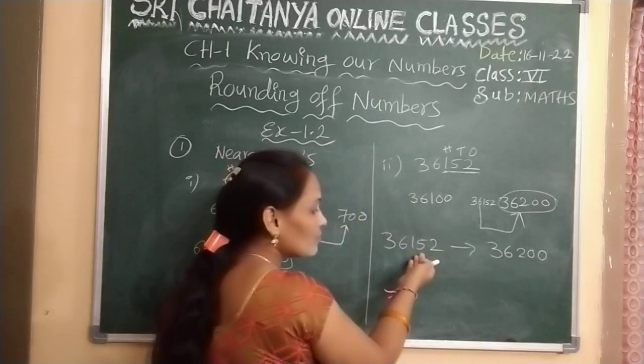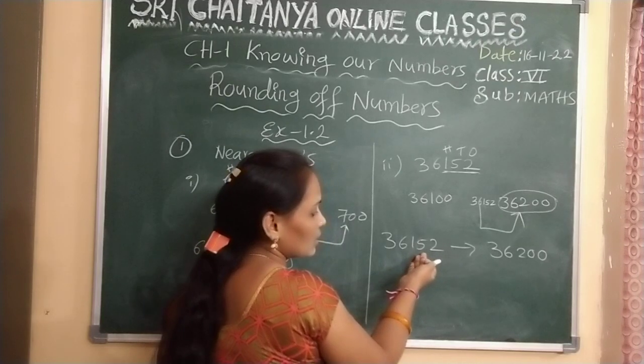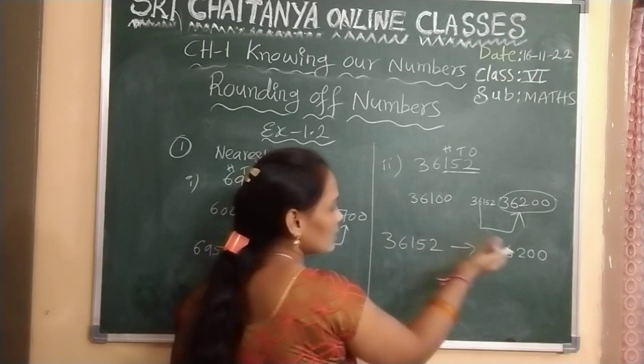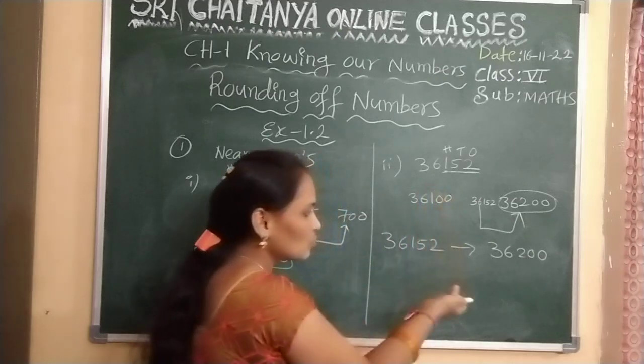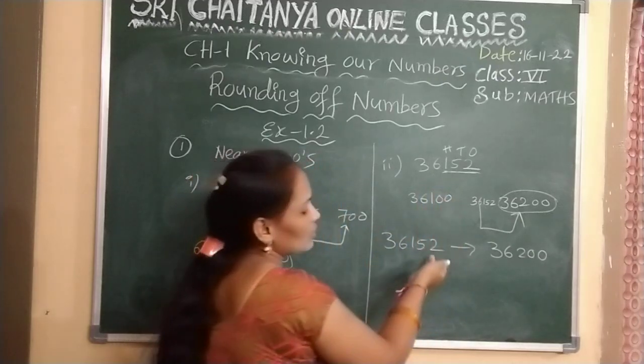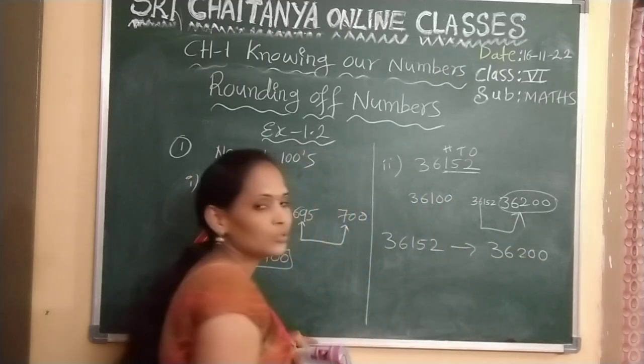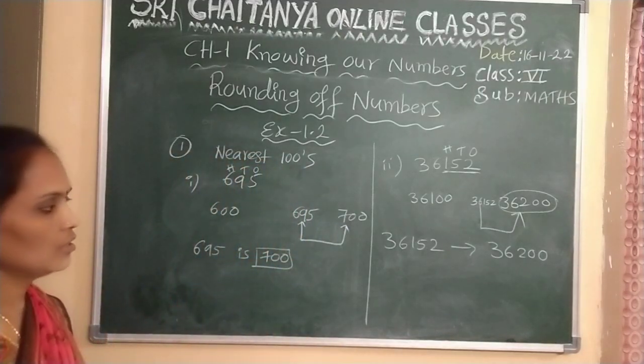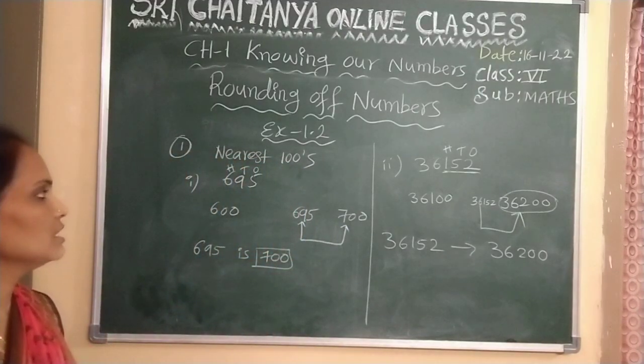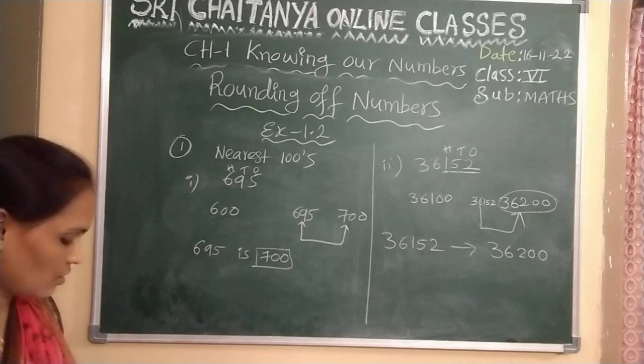Why? Because 150 is the middle number of 100 and 200, but 152 is there, 2 extra is there. So automatically it will go to the nearest number, 200. That is the nearest to hundreds.